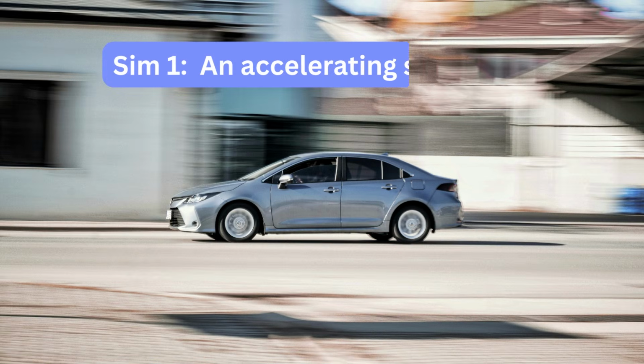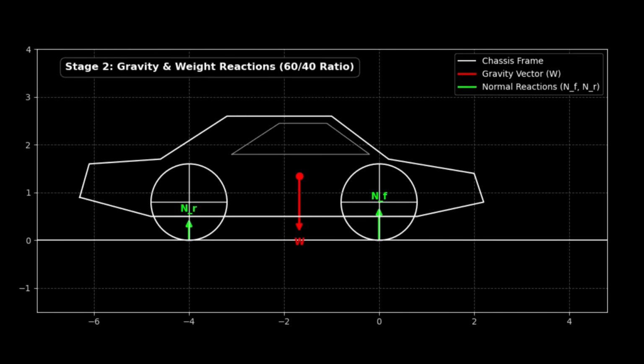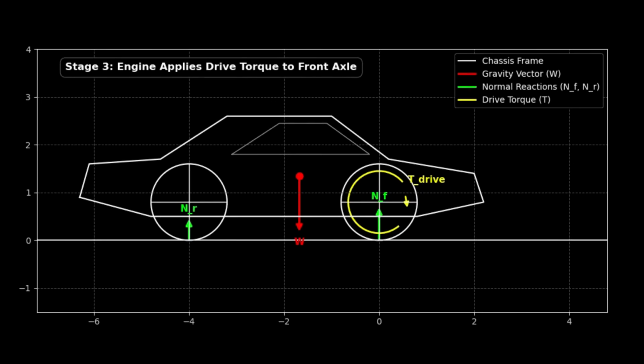Let's conclude how the traction forces really move the vehicle by looking at two final simulations. This time, I would like the simulations to give you a broader perspective from the vehicle level. Consider a front-wheel drive sedan with more weight on its front tires.